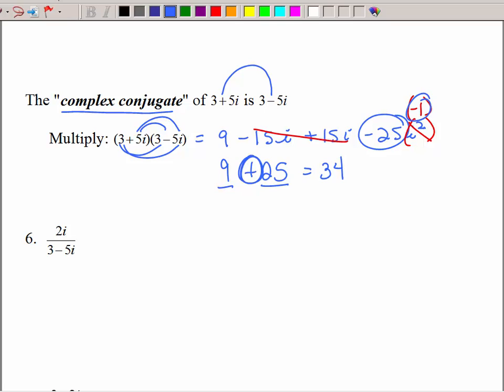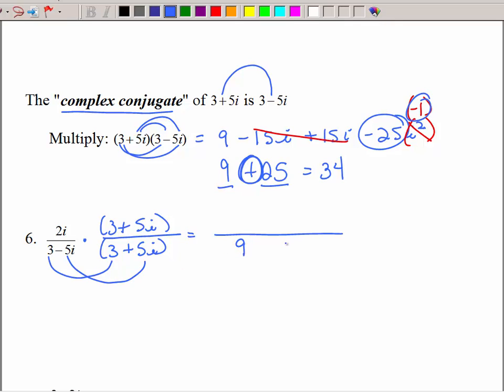Okay, we have a binomial with an i, which is a radical, so we want to multiply by what's called that complex conjugate. So we're going to change just the middle sign. On the bottom, we multiply, we get 9. We multiply, we're going to get 25, but it's going to become plus because of that negative and the i squared, which of course is what we just did here.